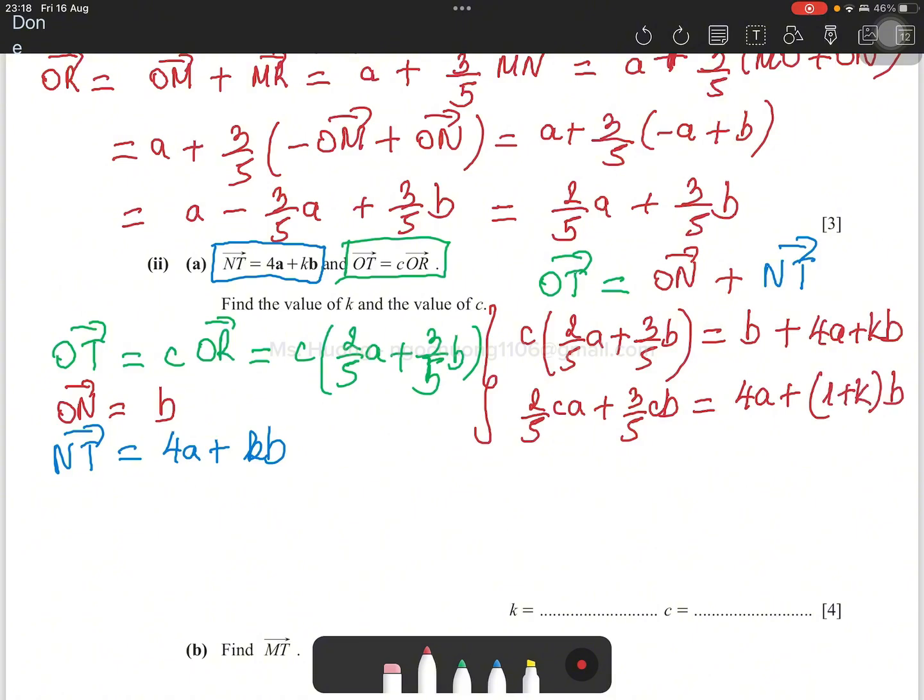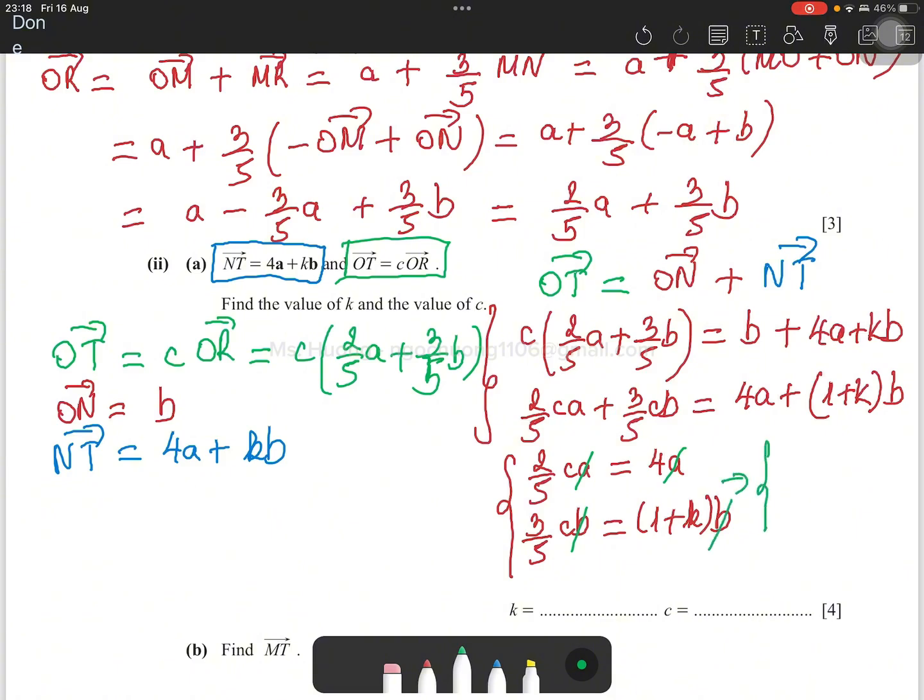So if these two are equal, then we know that 2/5 of CA must be equal to 4A, and 3/5 of CB is equal to 1 plus K multiplied by B. Now we cancel A, B. So what is left? 2/5 of C equals 4, and 3/5 of C equals 1 plus K.